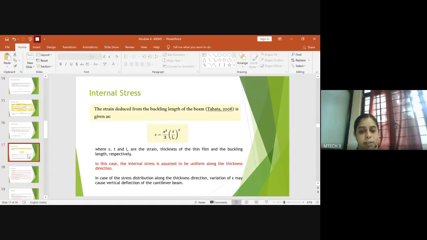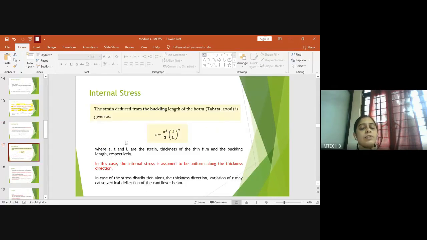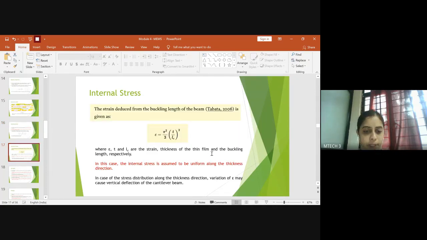As a result, the stresses induced due to the axial load across each section of this length will be uniformly distributed. So this is the assumption he took.